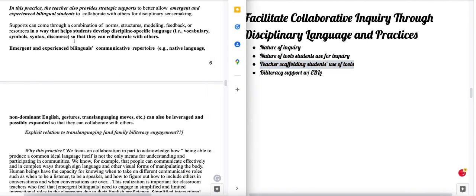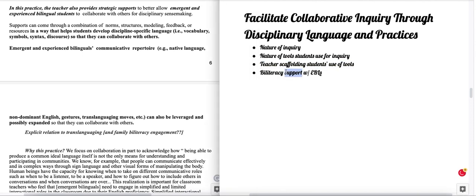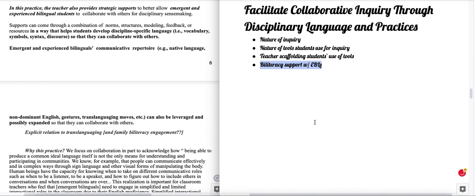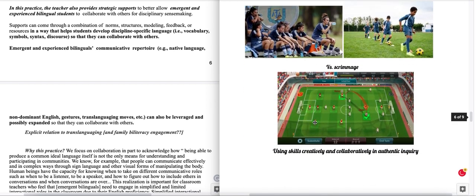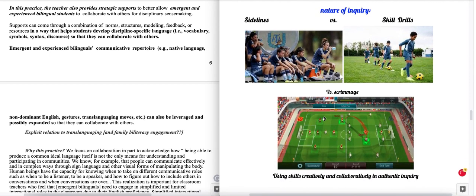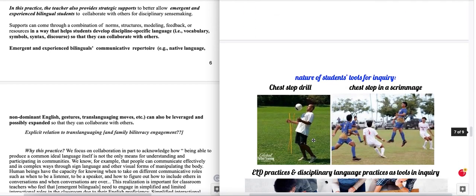And emergent and experienced bilinguals' communicative repertoires are leveraged and possibly expanded to engage them in collaboration with others. Okay, so here's our constant BCAIP layer of biliteracy support with EBLs. So we have all of our students engaging in authentic inquiry.